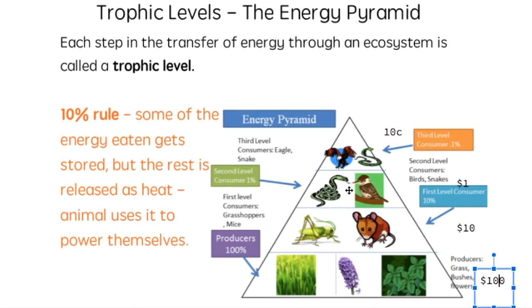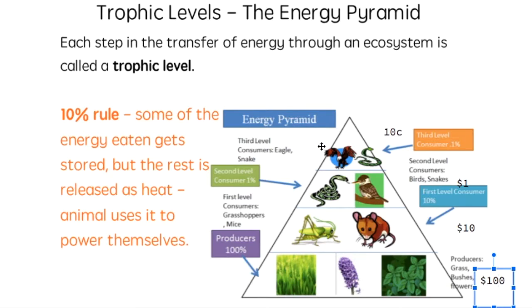Now, that being said, there are always top tier consumers, things like the quaternary or tertiary consumers, or apex predators, and scavengers also, I would put up there. So those eat things like the snake or the bird that ate the mouse or the grasshopper that ate the plants. So they're only getting $1 worth of energy from the animals that they eat.